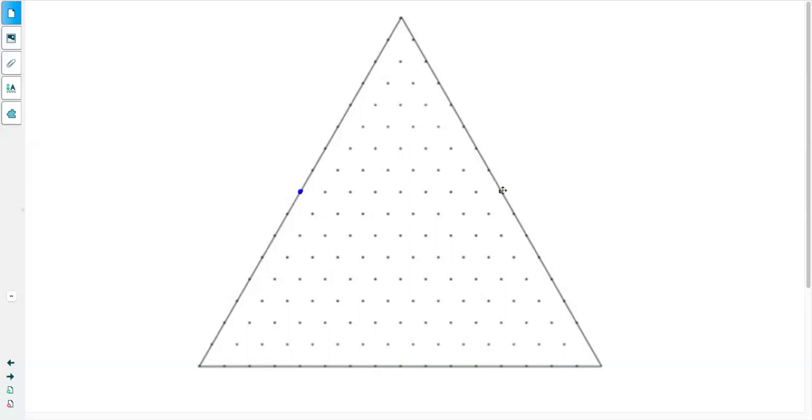So midpoint there, and midpoint here. We're then going to join those points together, creating four triangles. The next step is we essentially get rid of the middle section. So that's usually shown by just shading in what's gone with black.